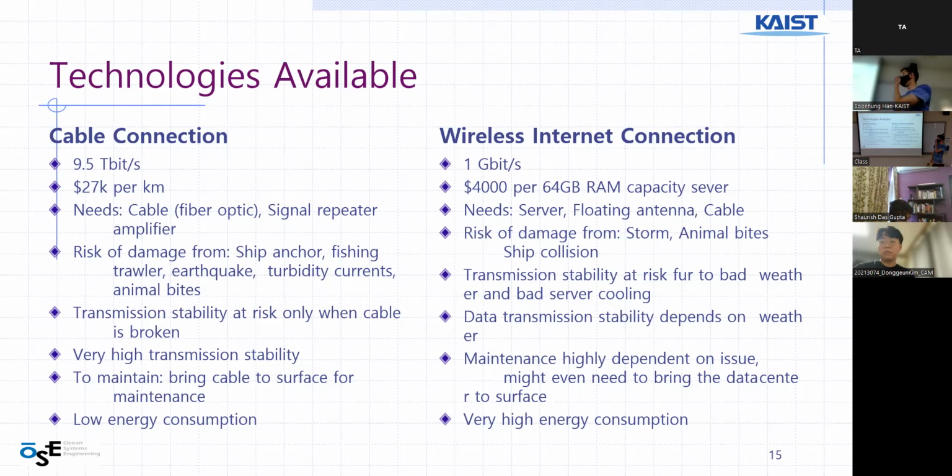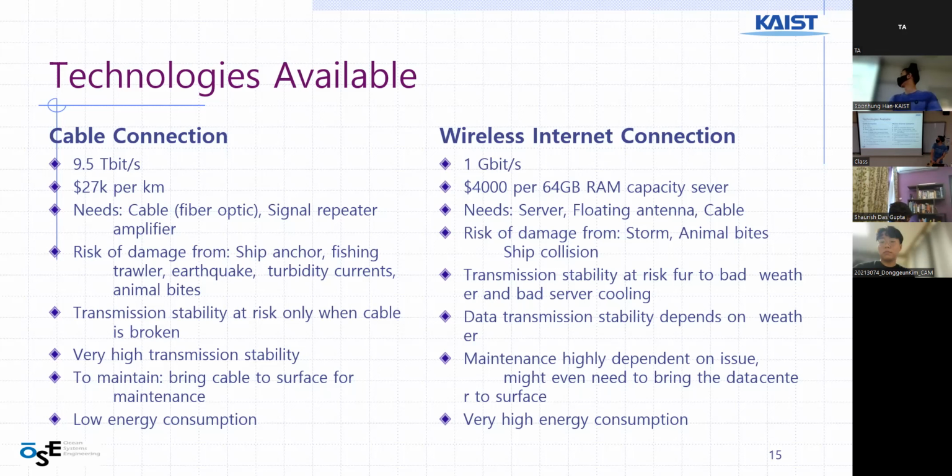There is also the risk of damage for the cable connection: ship anchors, fishing trawlers, earthquakes, turbulent currents, and animal bites. And for wireless internet, storms, animal bites, and ship collisions. Transmission stability is at risk for cables only when they are broken.